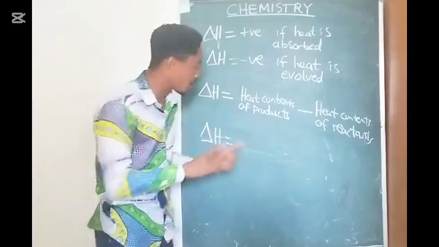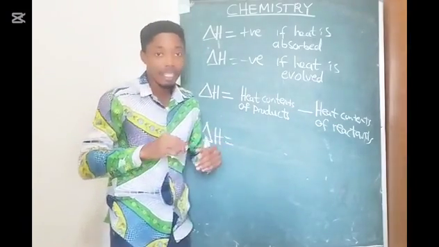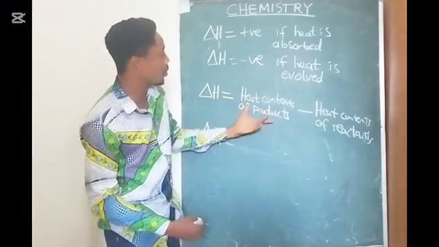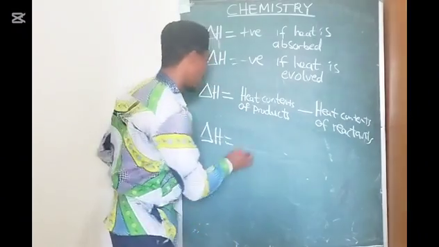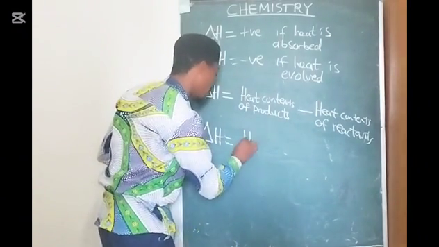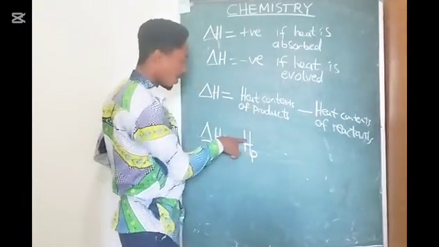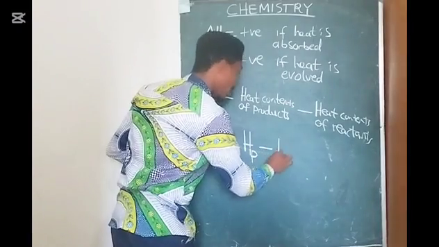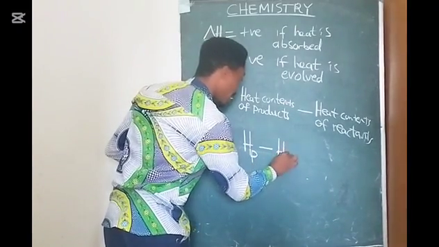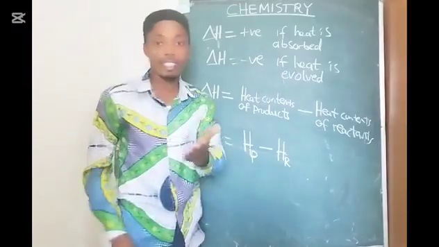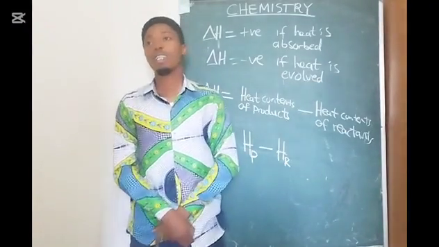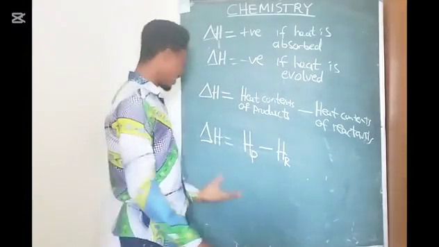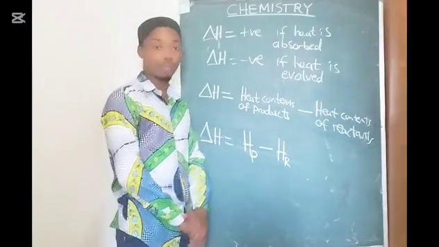It's important we do this because moving forward, I wouldn't be writing the heat content of product this way and the heat content of reactant this way. I would just be writing the heat content of product as HP. So H subscript P, heat content of product, minus H subscript R, the heat content of reactants.